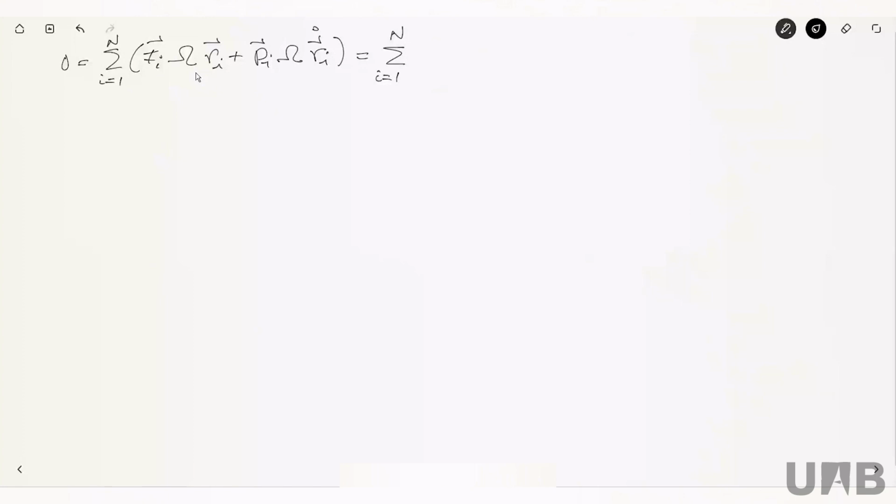So this is a sum from j and k equals 1 up to 3 of the force F_i component j, the matrix entry jk, and the vector r_i component k.